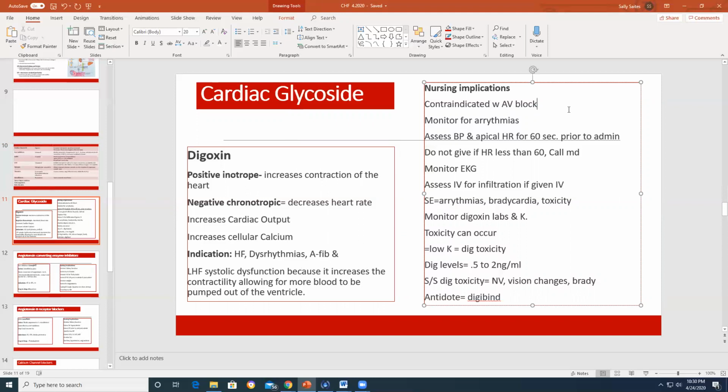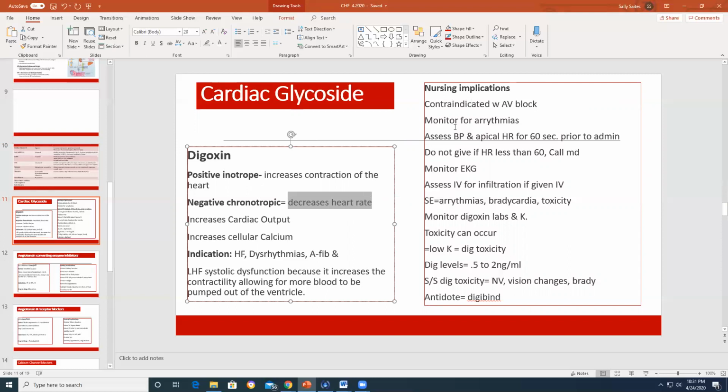So our nursing implications have a lot to do with what this is actually doing. So if we have an AV block, which I know you haven't gone over yet, but it is a block in the AV node, which decreases the heart rate, then it would be contraindicated for digoxin, because digoxin decreases the heart rate.